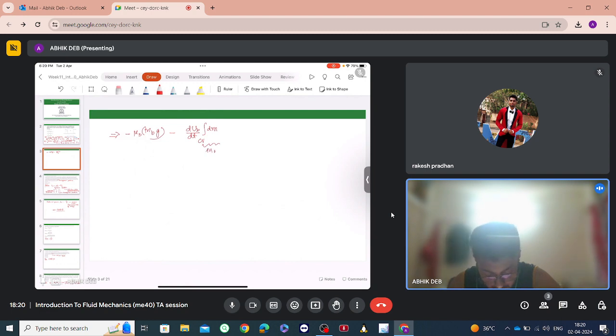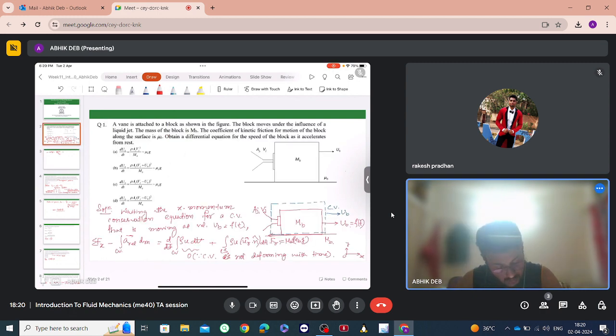Okay, and the first term is 0 on the right hand side, and the only mass is coming in, there is nothing going out. Okay, but with respect to the control volume, we have to see what it is.